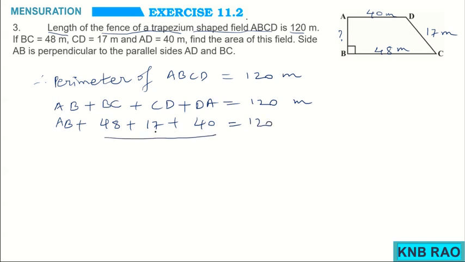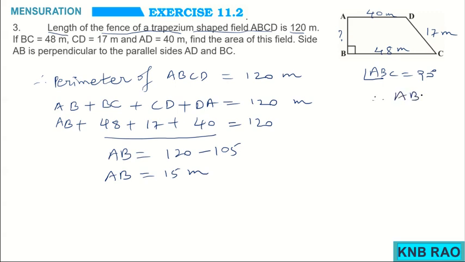Now this sum 48 plus 17 is 65, 65 plus 40 is 105. 105, which is addend, if it is transposed to the other side becomes subtrahend. So 120 minus 105 gives us AB length as 15 meter. The moment you got 15 meter, you watch here, angle ABC is given 90 degrees.